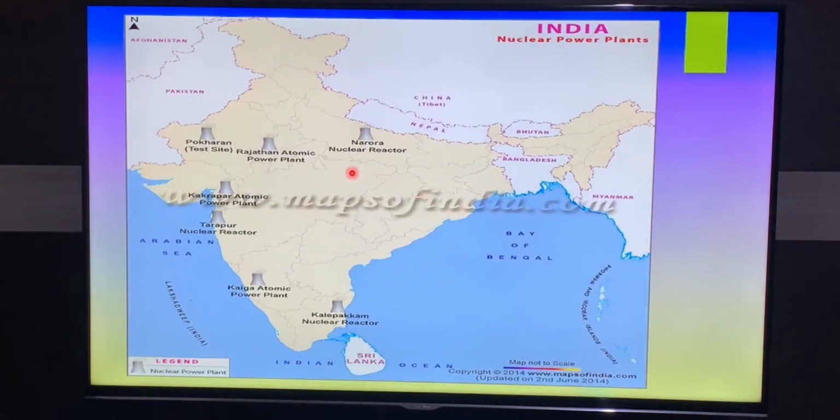Here are the locations of a few nuclear power plants in India: Narora, Kalpakkam, Kaiga, Tarapur. So these are the important nuclear power plants located in India.